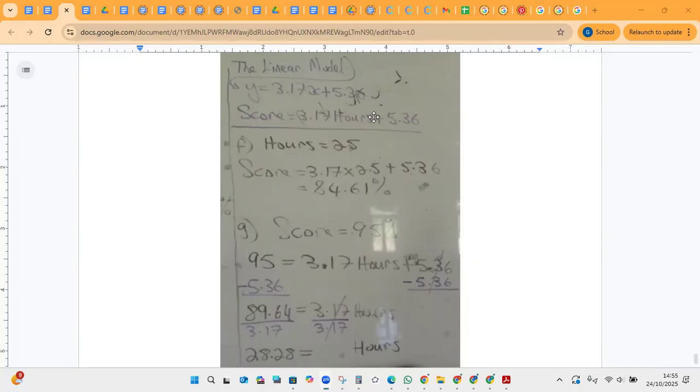So 95 minus 5.36 is 89.64, equals 3.17 times hours. Now to cancel out 3.17, because it's multiplying, you divide. If you divide on the right, you divide on the left. You get a value of about 28.28 hours. So if you want a score of 95%, you should study for at least approximately 30 hours, according to this model. Here is an example of linear coefficient of determination and linear regression.